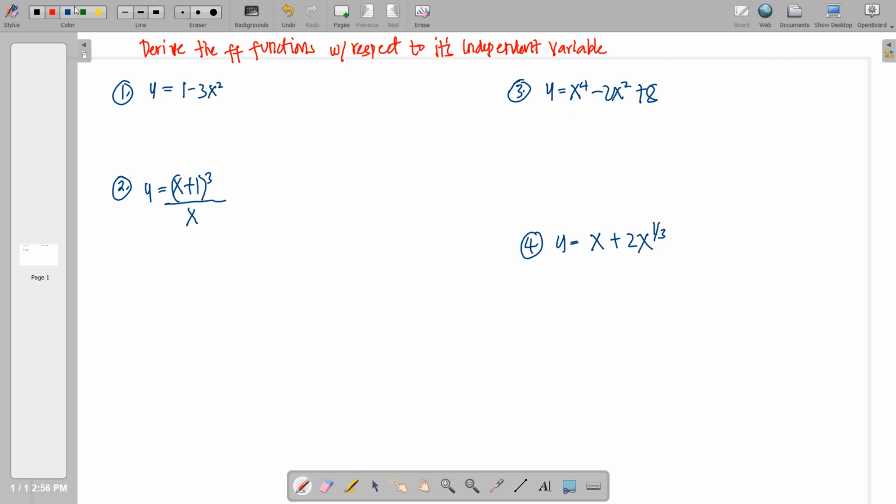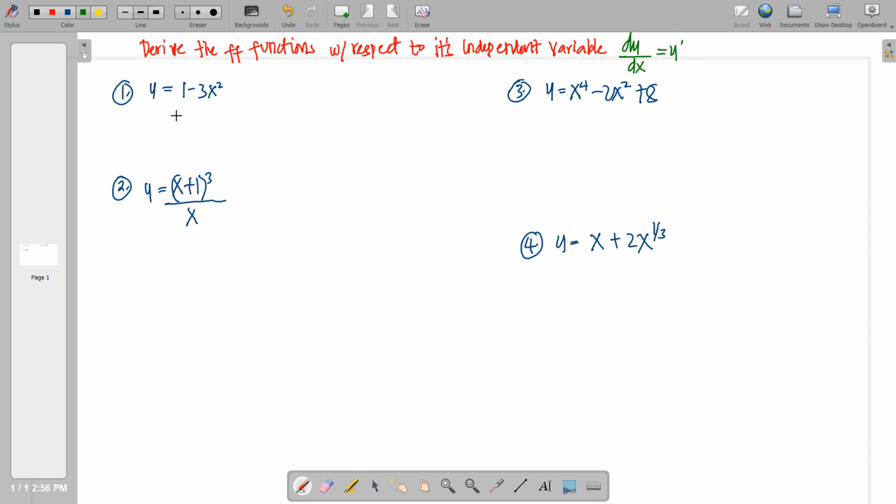So actually we are getting the derivative of the dependent variable with respect to the independent variable. So here we are actually getting delta y all over delta x, or pwede rin itong tinatawag rin na y prime.